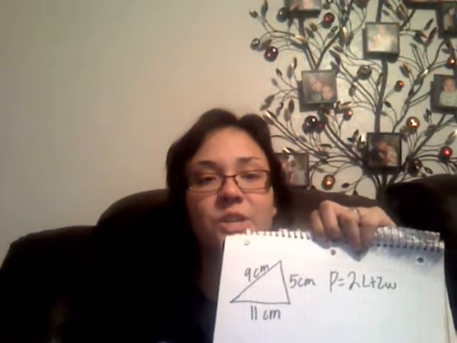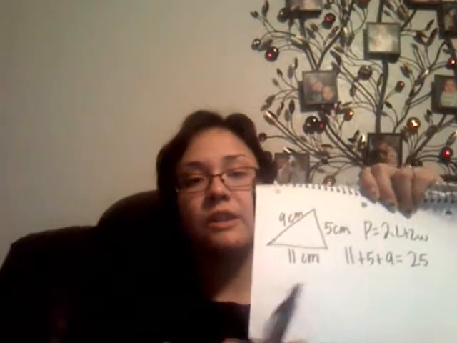So we just need to do 11 plus 5 plus 9. So that gives us 25. And again, here our label is centimeters, so let's not forget to label it 25 centimeters. And so that's how you do perimeter on that one.